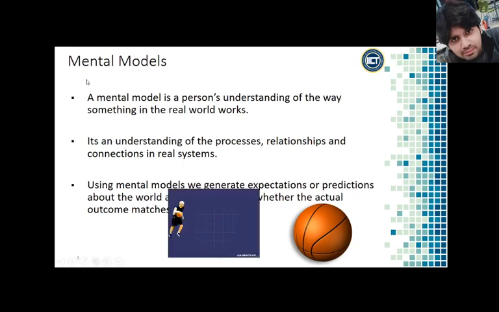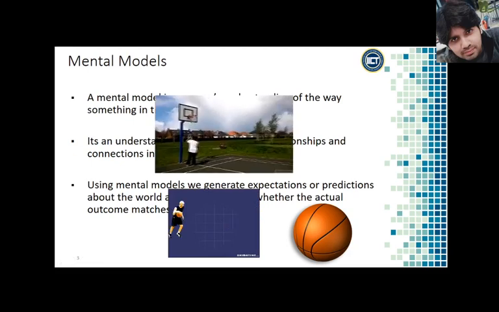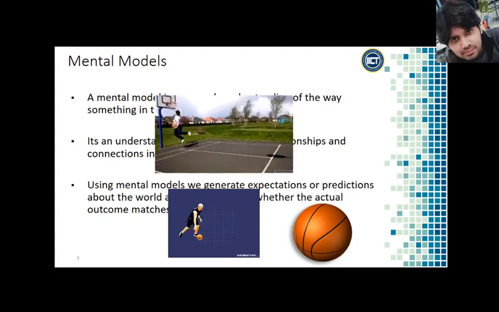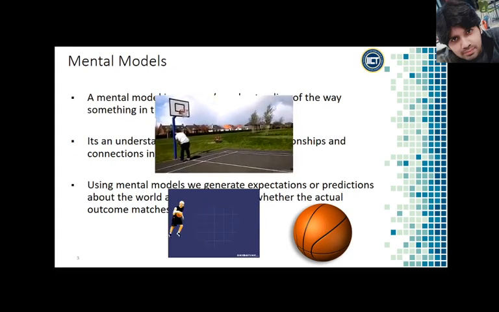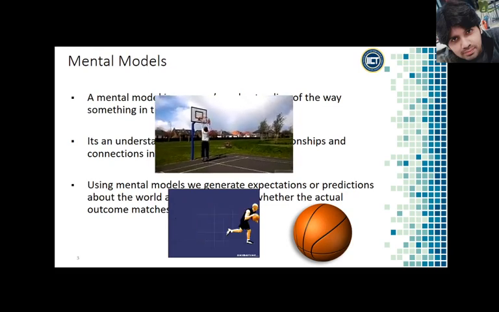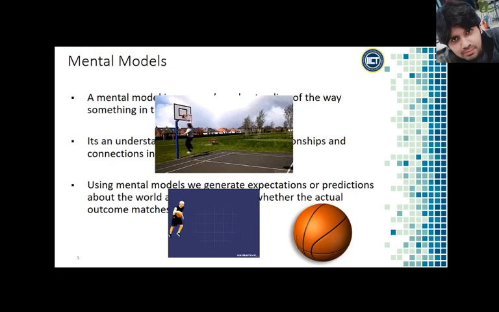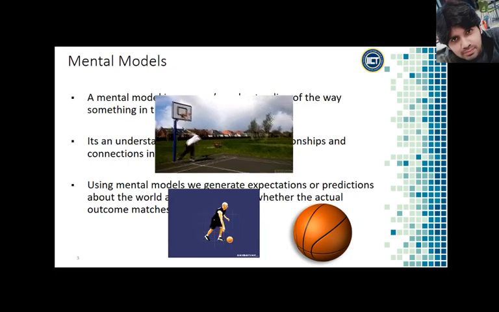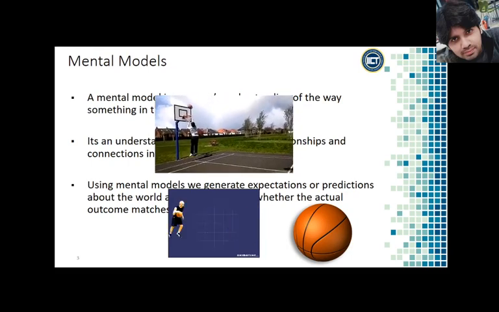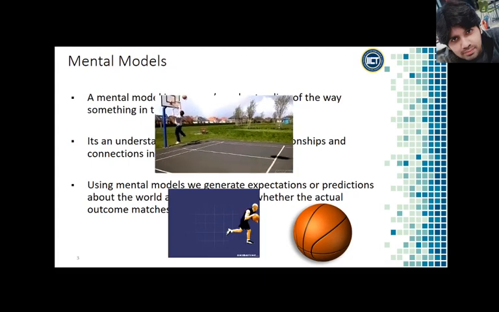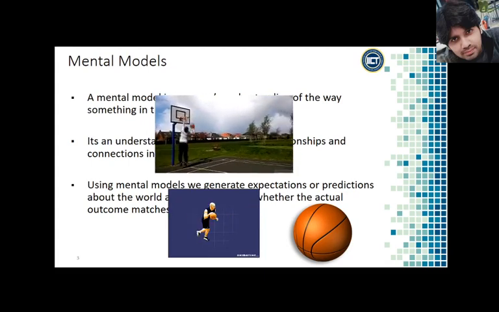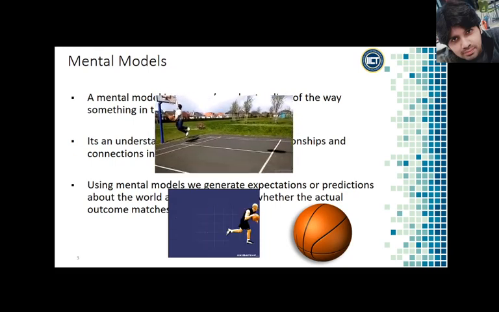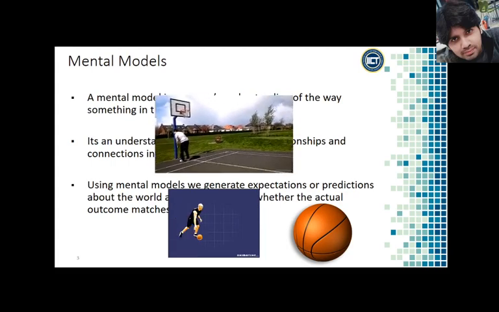Let's see an example. If you try to make a goal through this basketball, and you try every tactic, and still it doesn't work. Even if you simulate it in your mind, it is not guaranteed that it would work every time in the same manner as you have predicted. And when the mental simulation does not match with reality, it makes us really uncomfortable.